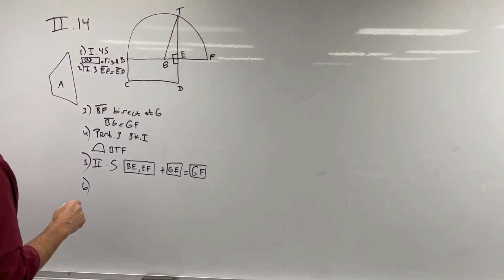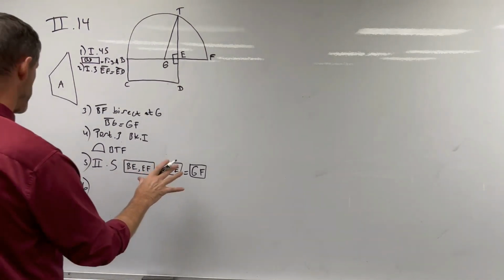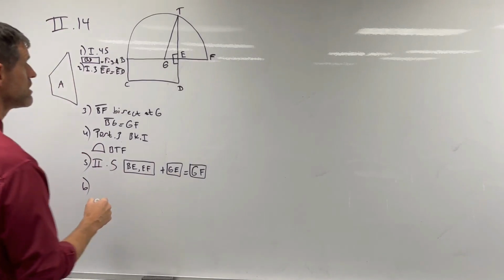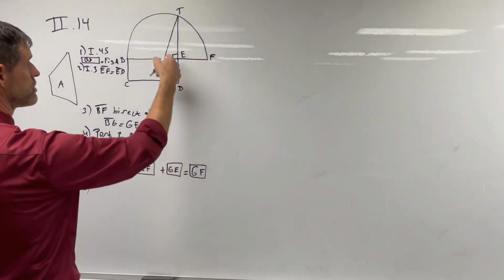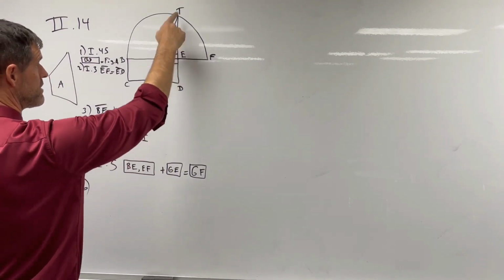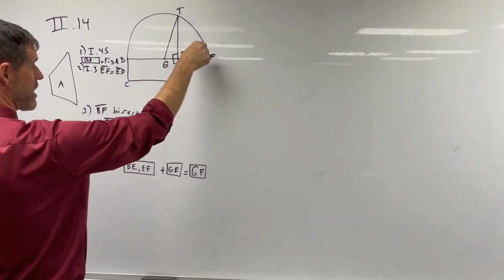All right, and we know that GF is actually equal to TG, because they're both radii of the semicircle.